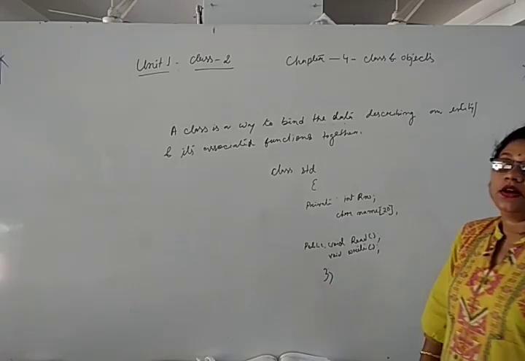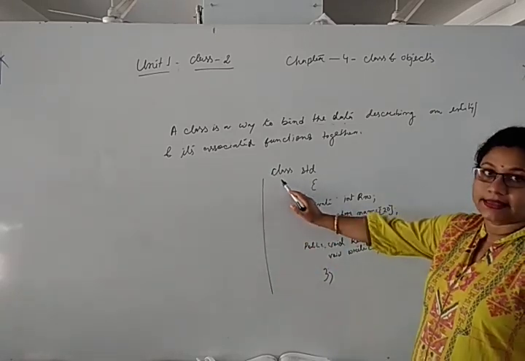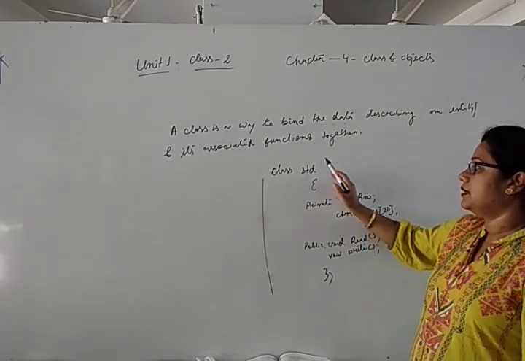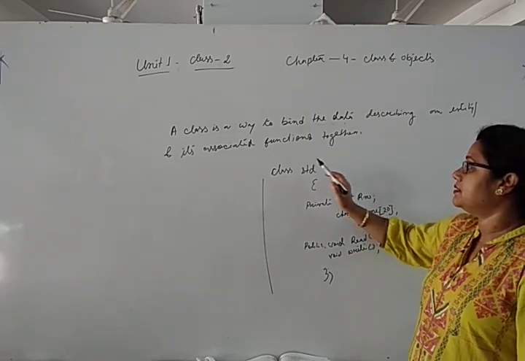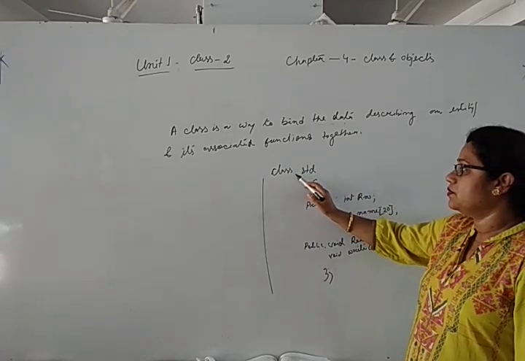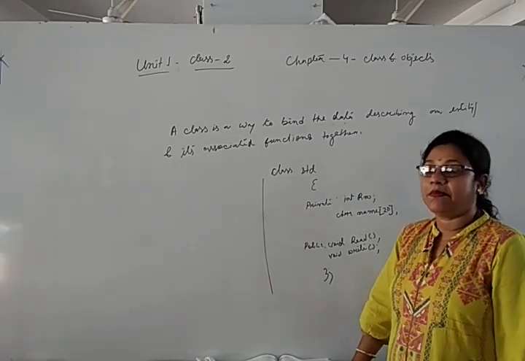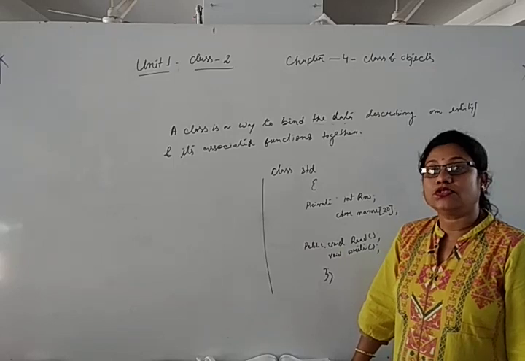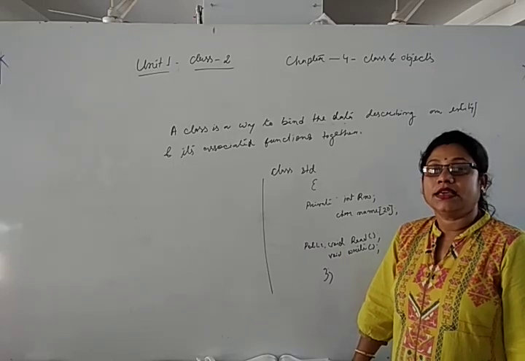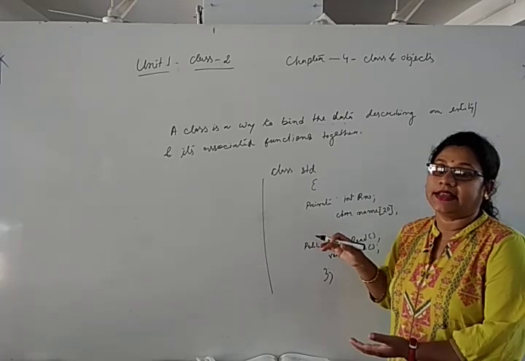Now, students, please look at this definition. As I told you, a class is declared with the keyword class. After the class keyword, you give the name of the class. Always remember that the class name should be meaningful, that means it should reflect the content of the class.